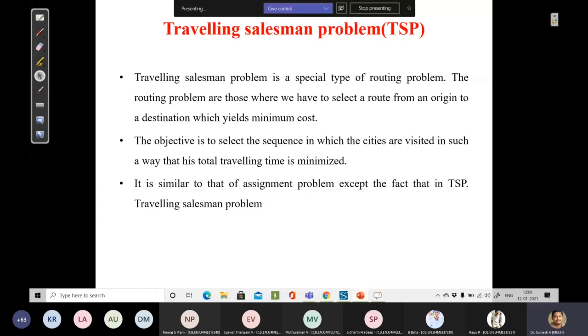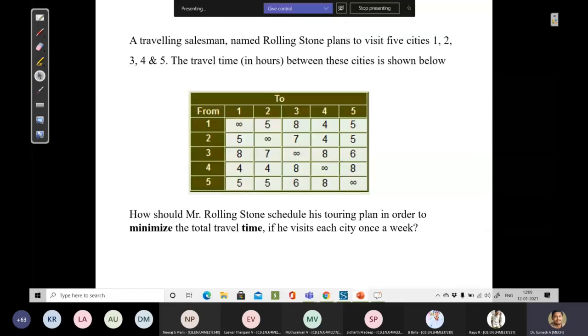So here the matrix will be given like this. You can see over here, from city to city is given. A salesman has to travel. A person named Rolling Stone plans to visit 5 cities, 1, 2, 3, 4 and 5.